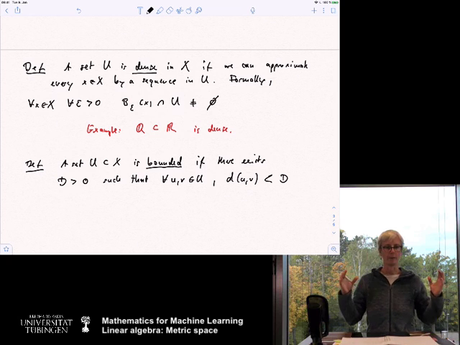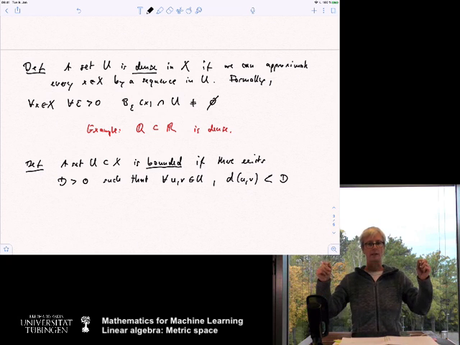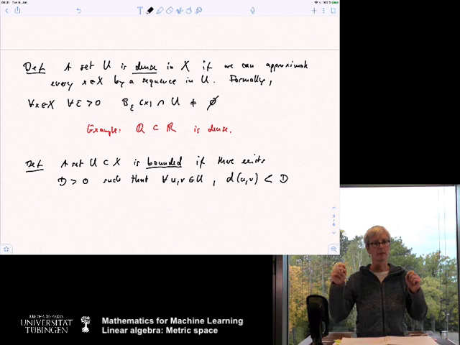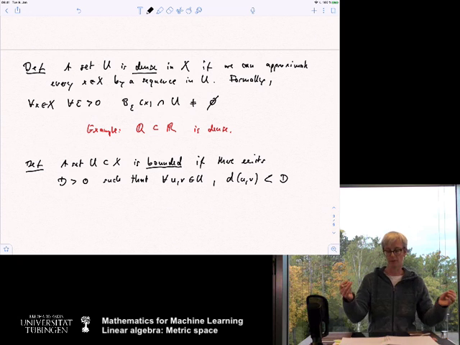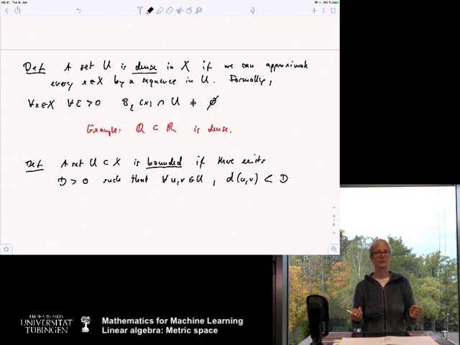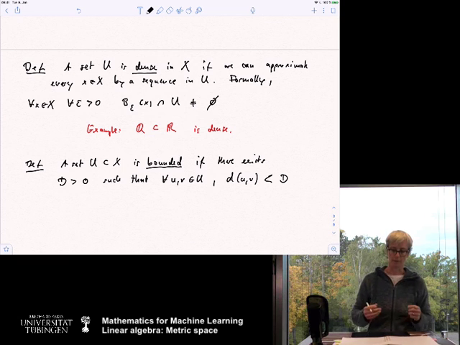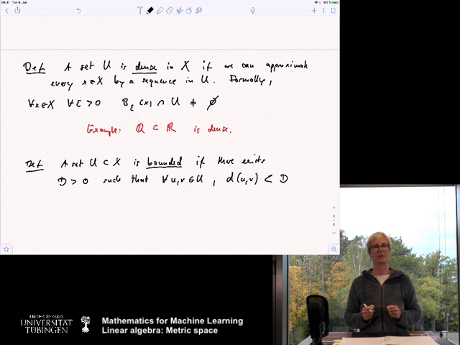Okay, so bounded is intuitively clear: no two points in the set can have a distance further than a certain bound, and sometimes this bound is called the diameter of the space. The smallest such bound that you can give is the diameter of the space.